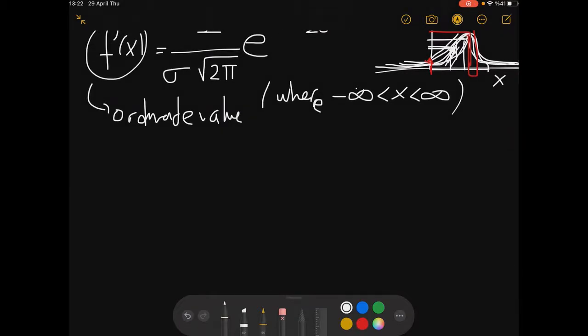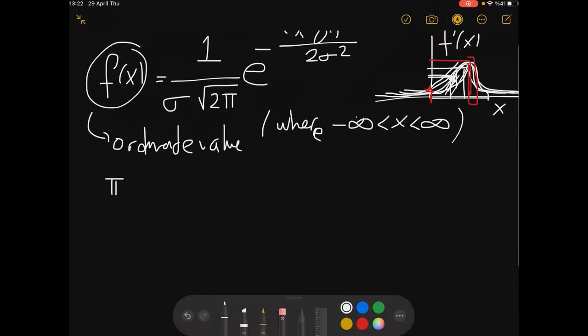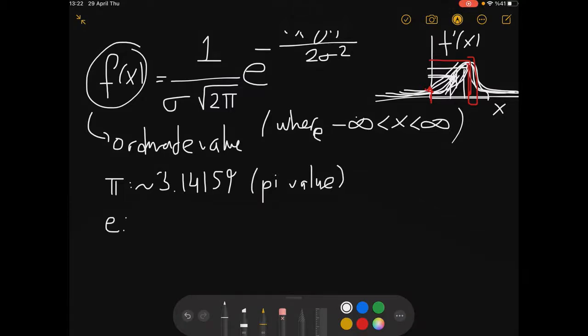and these are your constants. Your pi is approximately 3.1415. You can take it like this. And your e is again something close to 2.71.